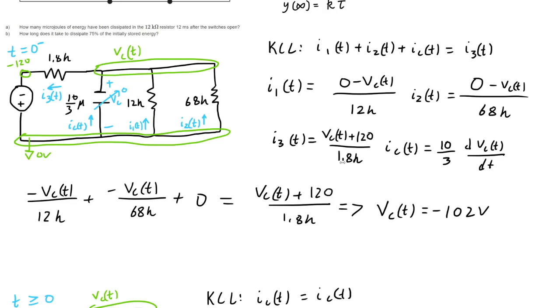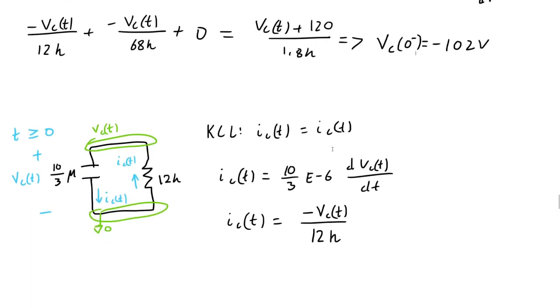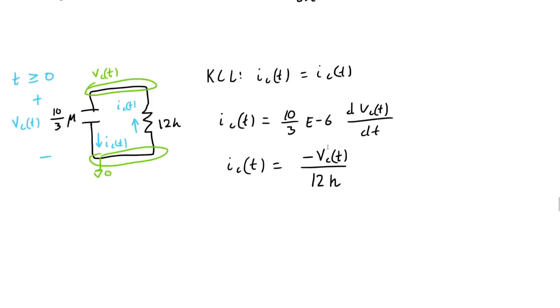Or I should say VC(0-). This is our initial charge on the capacitor. So using that, we can move forward to the next step, where it's just time greater than 0. Now we're left with the capacitor with its initial charge, and it's discharging through this resistor until it runs out of energy.